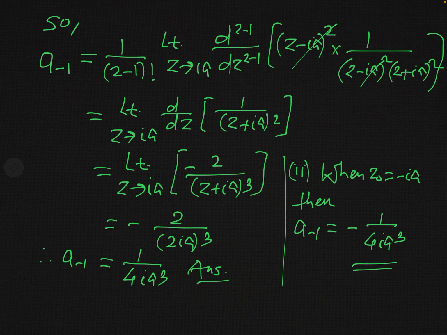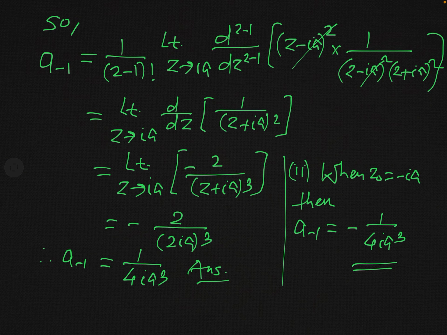So the residue a minus 1 will be equal to 1 over factorial (2 minus 1) into limit z tending to ia of d over dz operated on (z minus ia) squared into f of z. f of z is 1 over (z minus ia) squared into (z plus ia) squared, so the (z minus ia) squared will cancel out. 2 minus 1 is 1 and factorial 1 is 1, so our result is limit z tends to ia of d by dz operated on 1 over (z plus ia) squared.